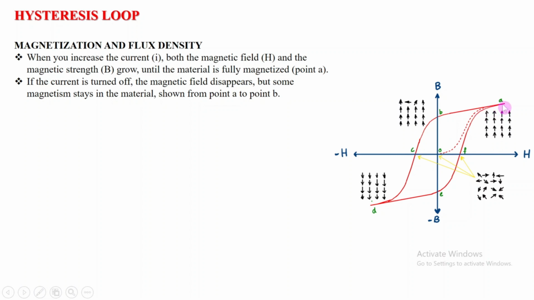In the material, there must be a time when all domains of that material will align with the external magnetic field. That is called the saturation point, and this shows the saturation.